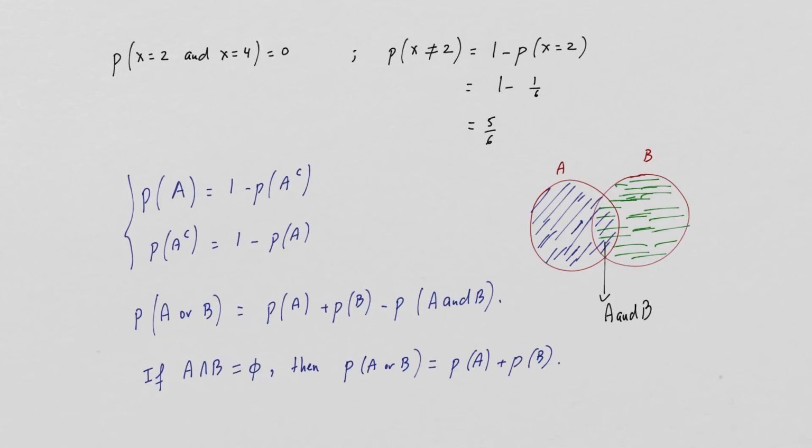This idea of complements is really useful because sometimes you don't want to take the direct form. P of x equals 1 plus P of x equals 3 plus P of x equals 4 plus P of x equals 5 plus P of x equals 6 takes forever. Taking the back route is a quicker way to do it. For instance, let's say I have 16 students in the class, and one day two students show up.